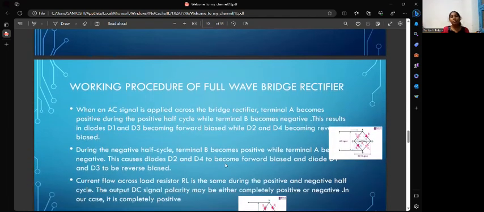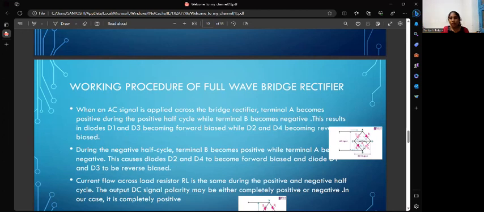Let's go through the working procedure of full wave bridge rectifiers. When an AC signal is applied across the bridge rectifier, we can see in this that terminal A becomes positive during the positive half cycle, while terminal B becomes negative.